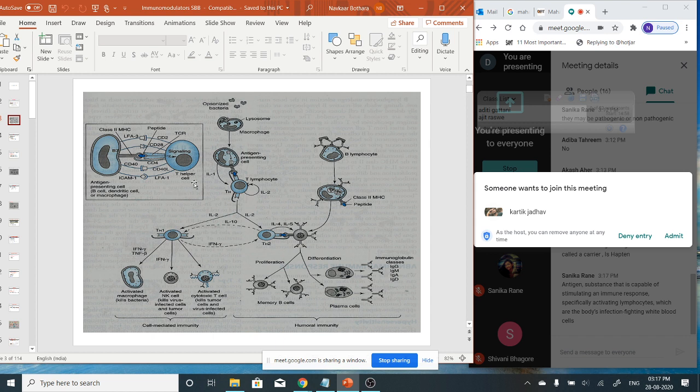Interleukins are there, as I told you, interleukin 1, 2, 3 up to 10. Then interferon gamma is there. Okay, then TNF alpha, that is tumor necrosis factor, and beta, is there.